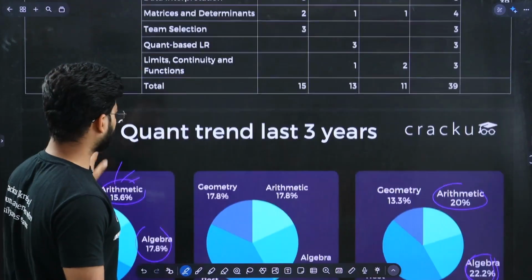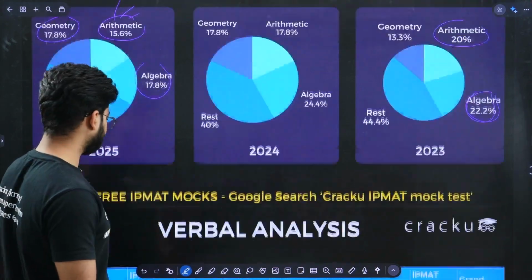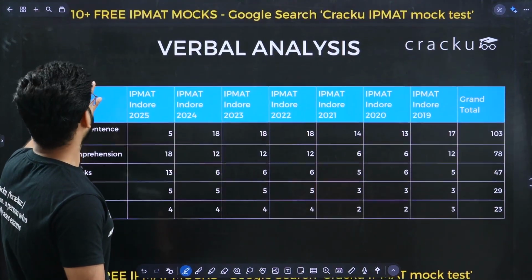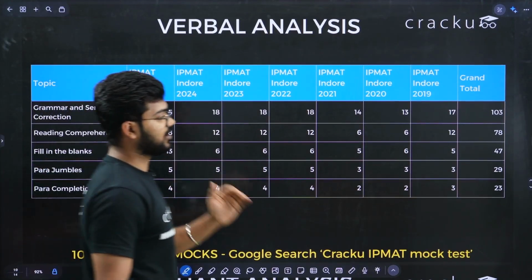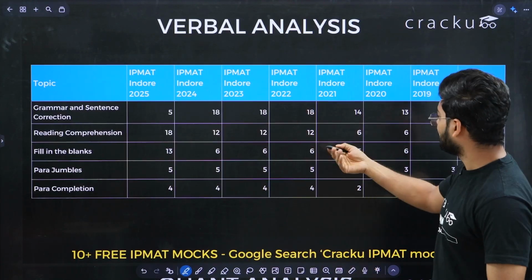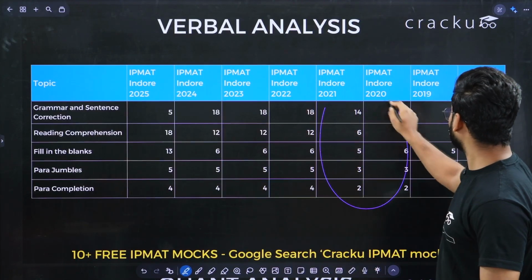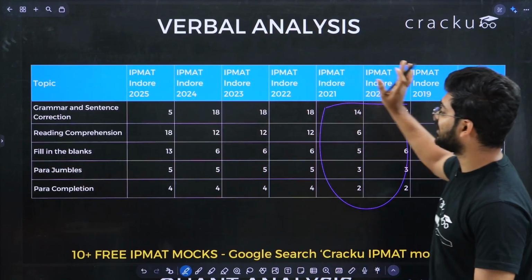Okay, moving to this, we have already seen the trend analysis over the pie chart. Now the verbal analysis of the last 5 years. Again, over the last 5 years, if we extrapolate the situation and see these 2 years also, right? Basically 1, 2, 3, 4, 6 years. This is for 6 years.